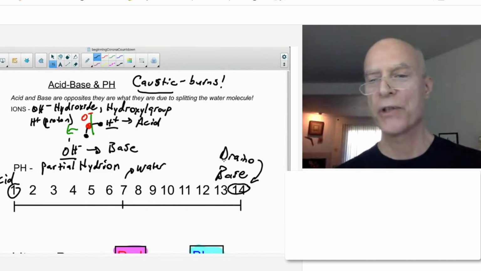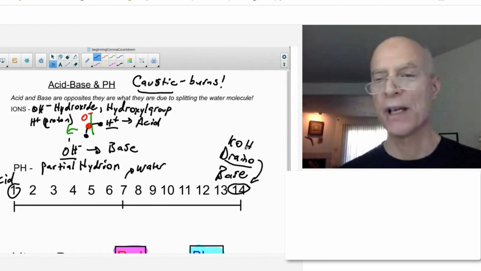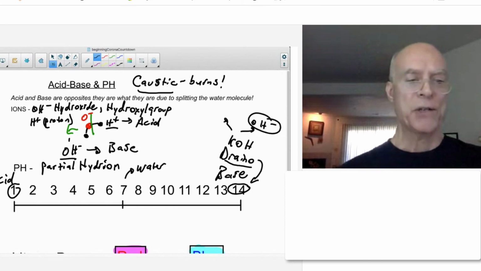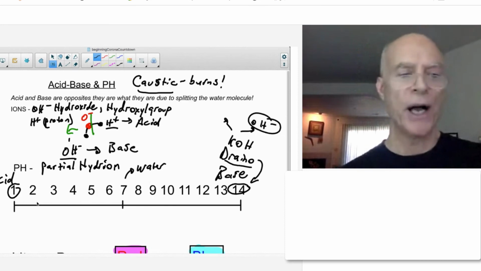Very dangerous stuff, Drano. It's actually potassium hydroxide, KOH. By the way, look, it has an OH in it already, so it separates into OH and K. So when the OH goes out, it's OH minuses. Guess what? That's a base. Acids are things like lemon juice, or fruits are all acids.